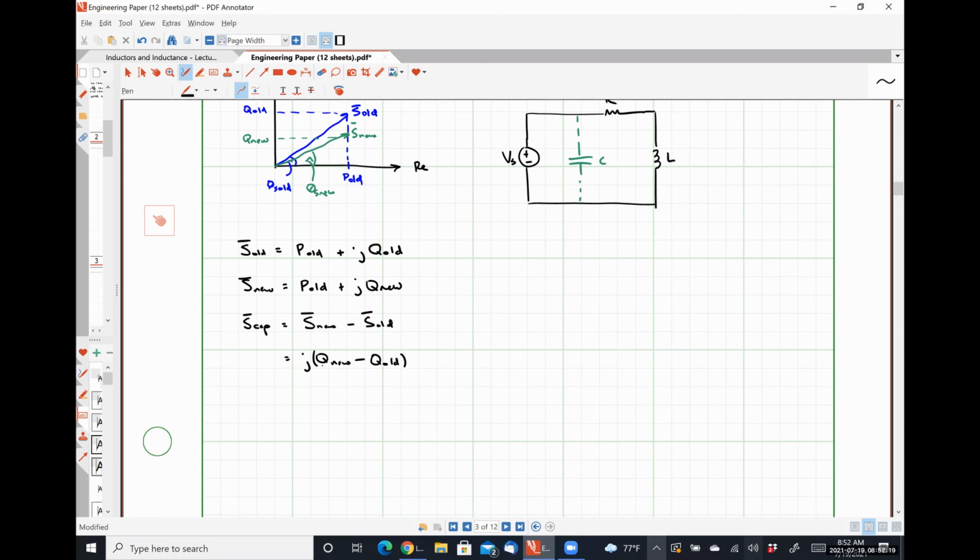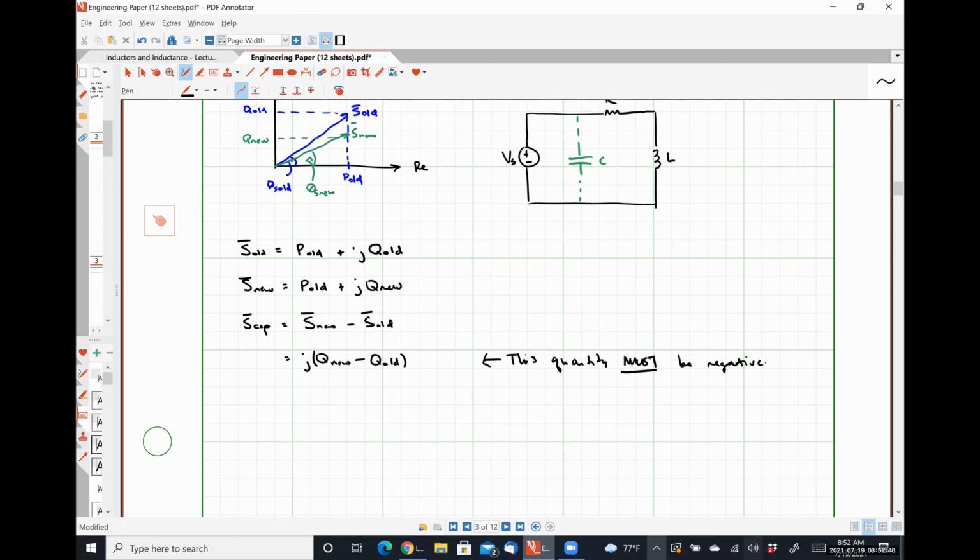Okay. Now, in order to increase our power factor, this quantity must be negative, because we are trying to supply or inject reactive power into the system.